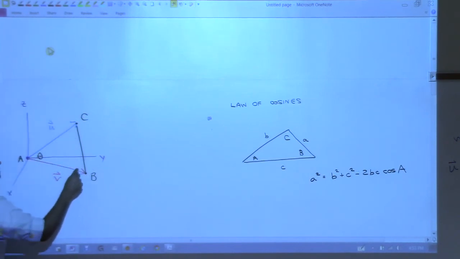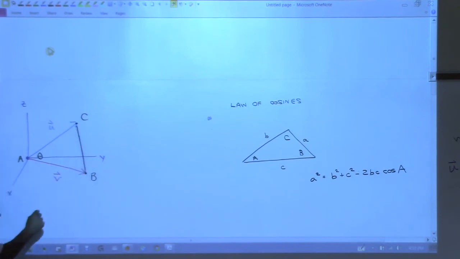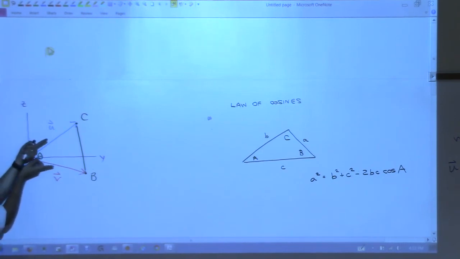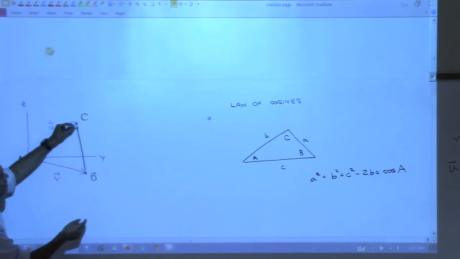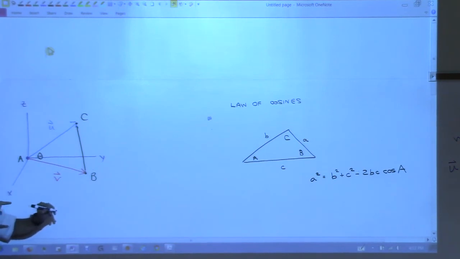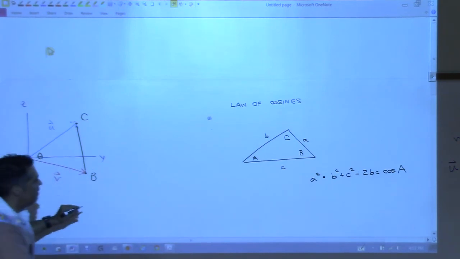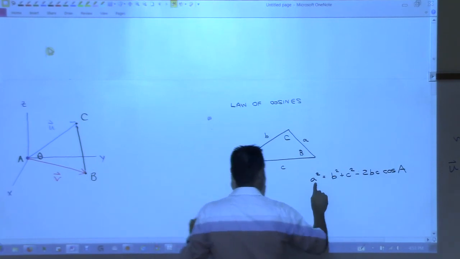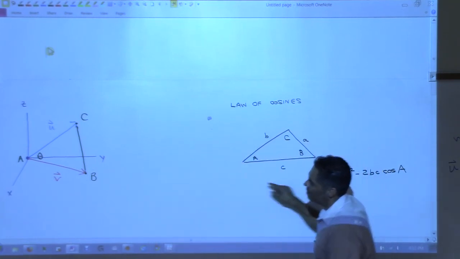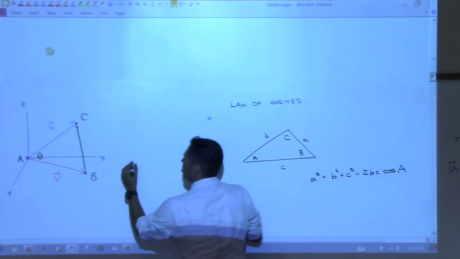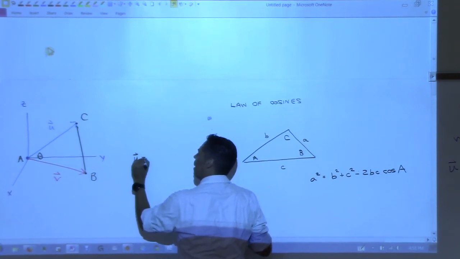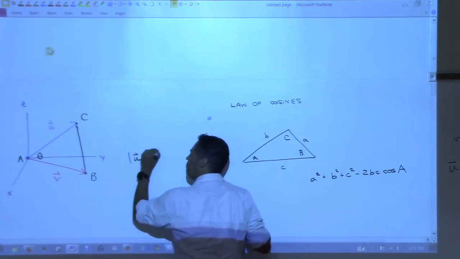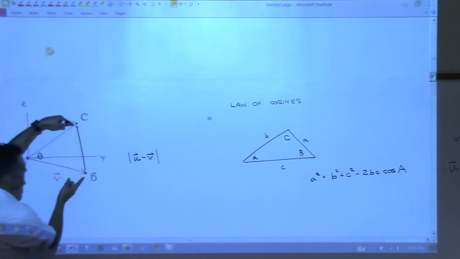What is the vector that goes from here to here? U minus V. Remember we just did this tail to tail? So the vector that goes from here to here is U minus V. Agreed? So I'm trying to fill out this formula here. This side right here is this side right here. So this is the vector U minus V, its magnitude. That's this to this, yes?